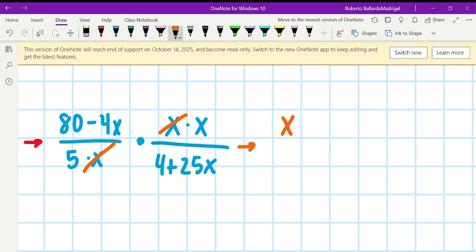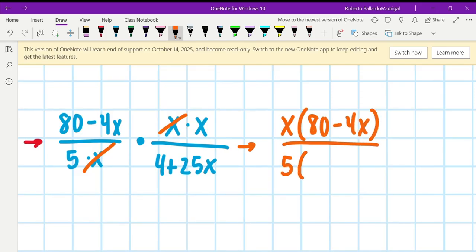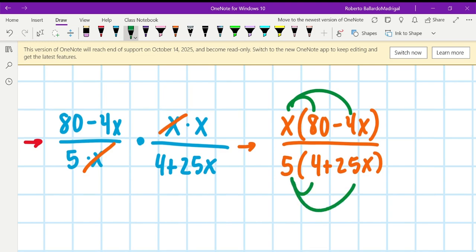So we have the product of x and 80 minus 4x, and the product of 5 with 4 plus 25x, which we're going to have to distribute. I'm showing every single step, that's why this is very long. If you feel like you understand what's happening in between, you don't have to write this many steps.